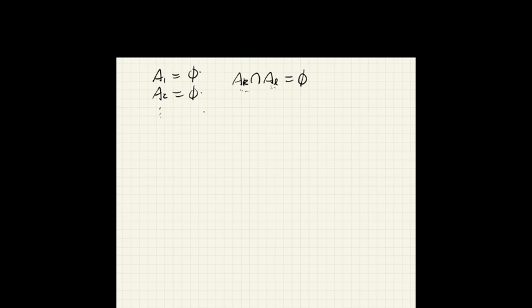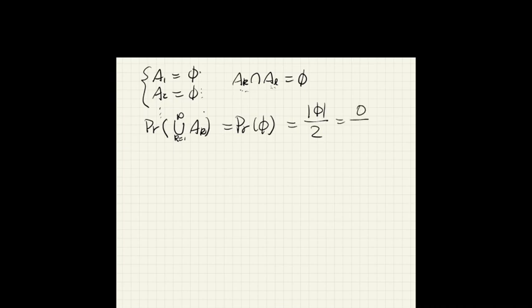In that case, the probability of this countable union, they are all empty, so this union is also empty. The cardinality of the empty set is 0. So this probability is 0. And is this equal to this summation?